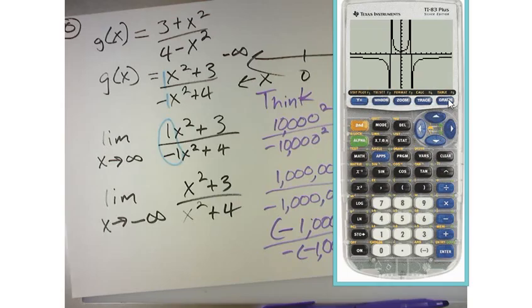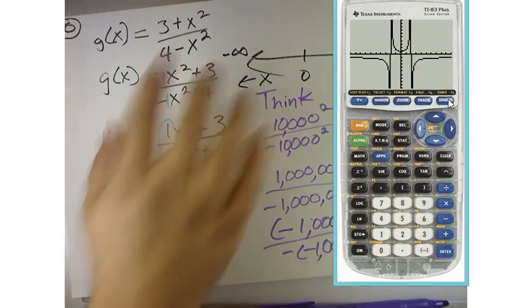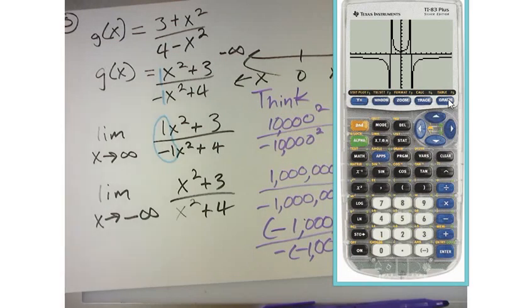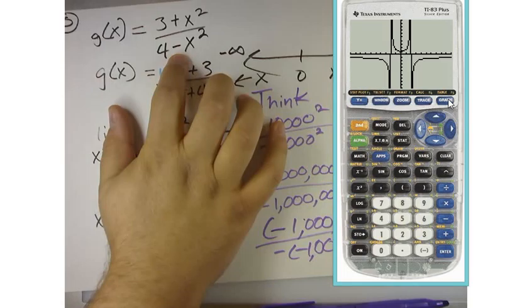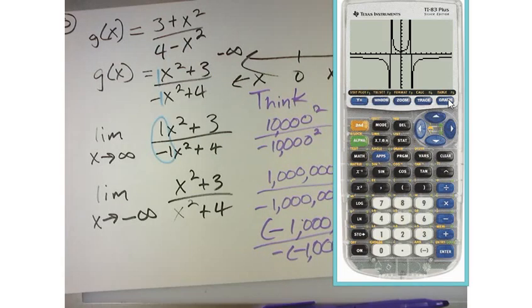Whoa! Now there's some crazy business here, right? Because when we say 4 minus x squared, for the domain we have a problem. But what is it asking us about? The range. The range. So let's see here.